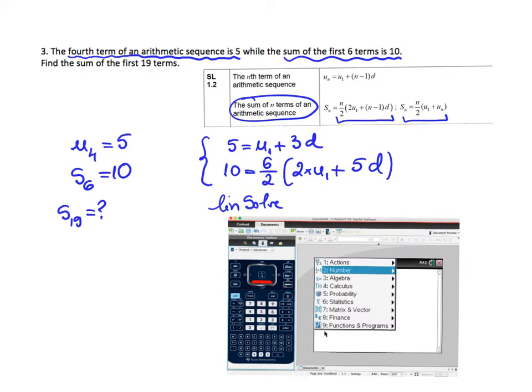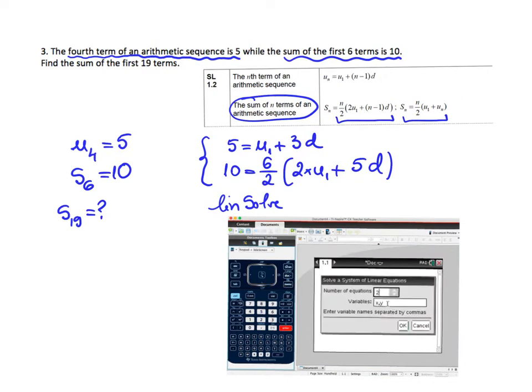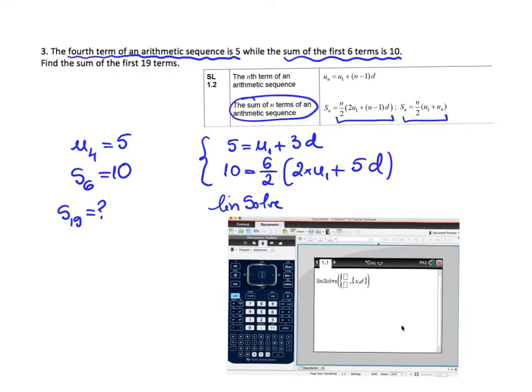So in my GDC, I use from algebra, I choose numerical solve, two equations. I can even call them U and D. And now I type the two equations exactly under two equations here with the unknowns U and D. Six over 2 is 3.